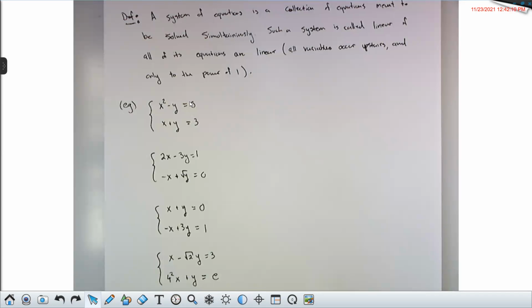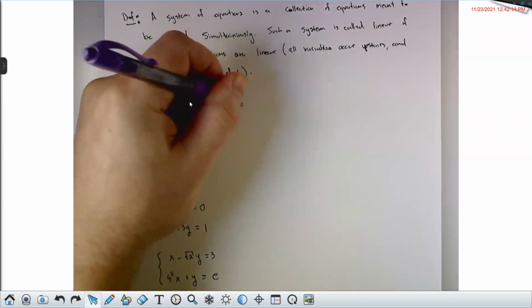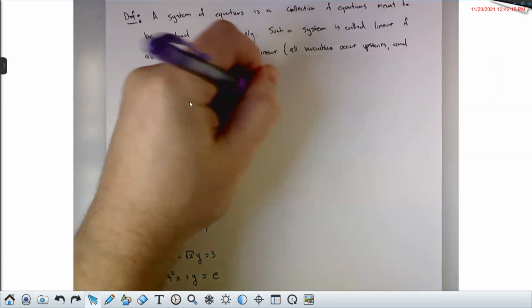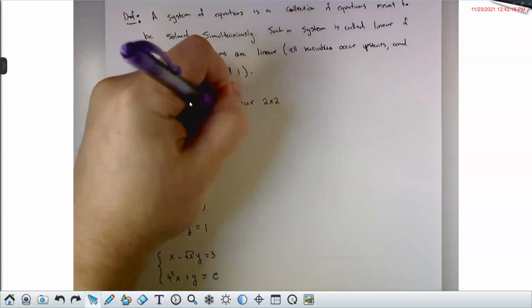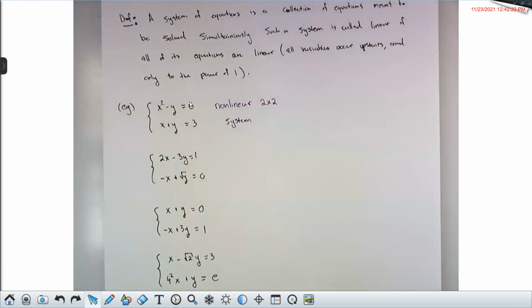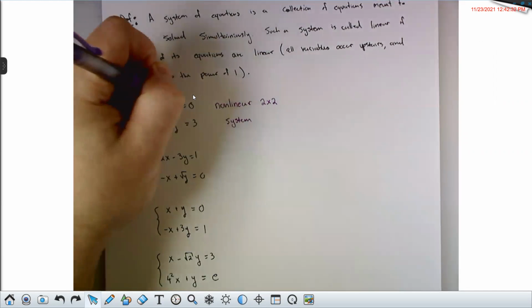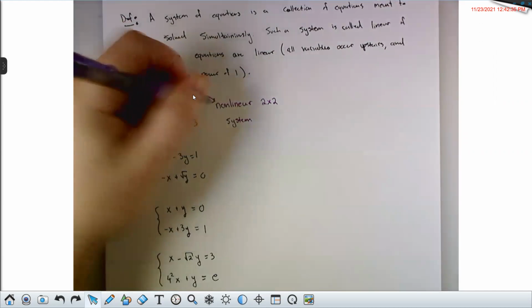Very good. This is a nonlinear 2x2 system. What makes this system nonlinear? It's x squared, but it has to be to a power of 1. Very good. This is what makes things nonlinear.